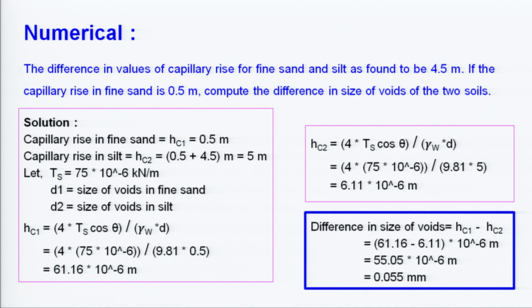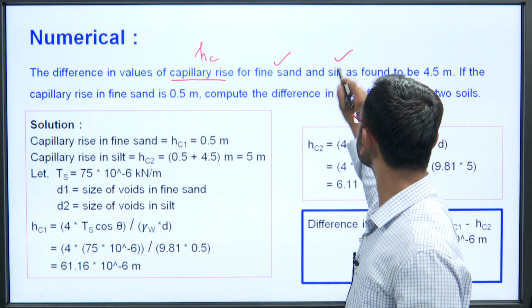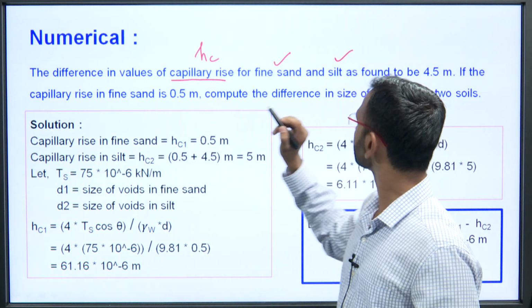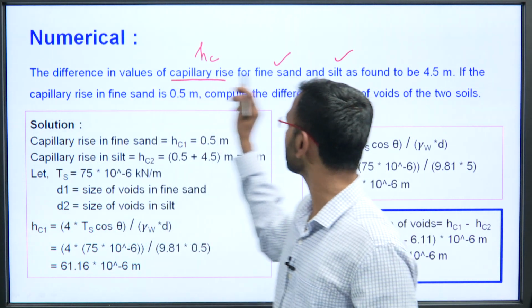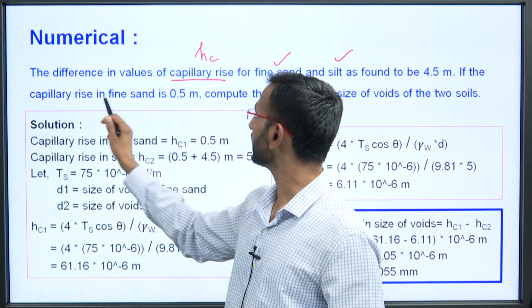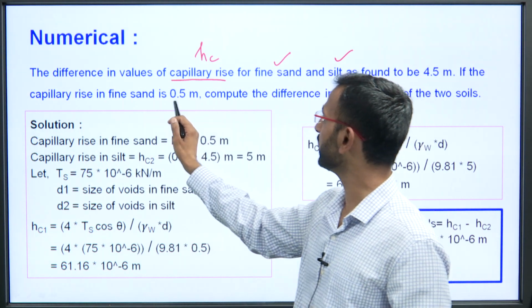Now, consider here a numerical, the difference in values of the capillary rise for fine sand and silt. So, you are given capillary rise values, that is the HC values for the fine sand and the silt, and the difference has been given. The capillary rise in sand is 0.5 meter.